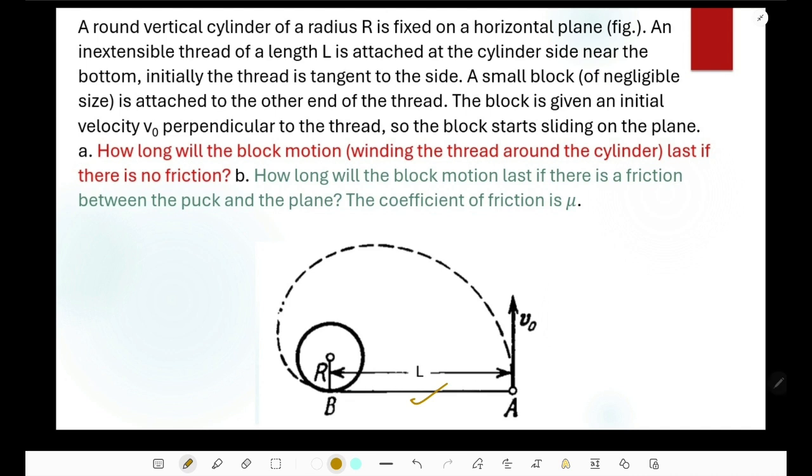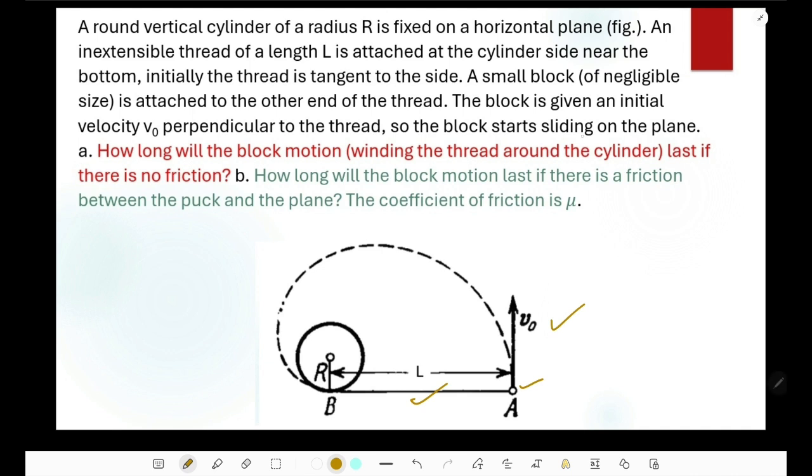Of course there is a small block of negligible size, here it is, attached to the other end of the thread. The block is given an initial velocity v0 perpendicular to the thread.